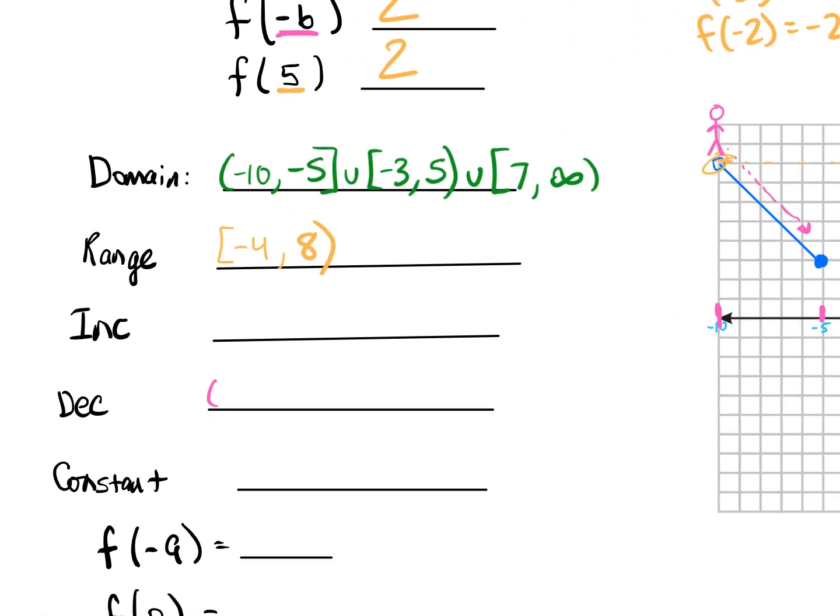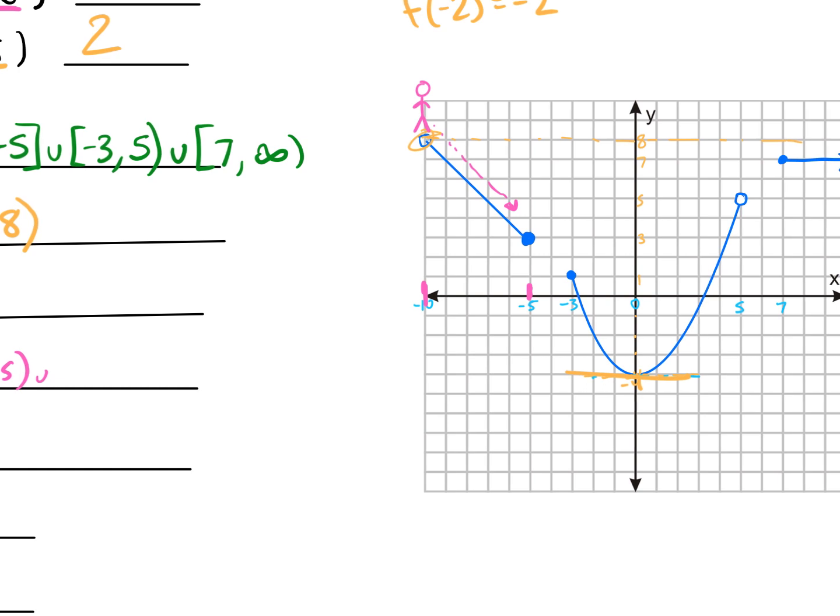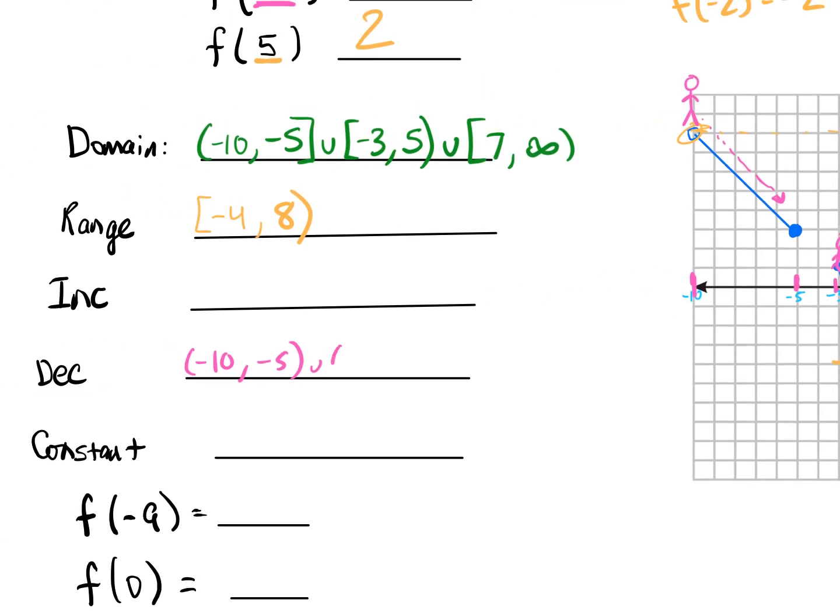So I'm decreasing from -10 to -5. Then I have a gap, so I have to jump across here to -3. I'm decreasing to what value now? To 0. Awesome, because I stop decreasing here, but my x value would be 0. -3 to 0.